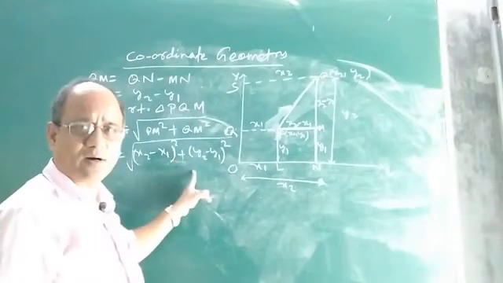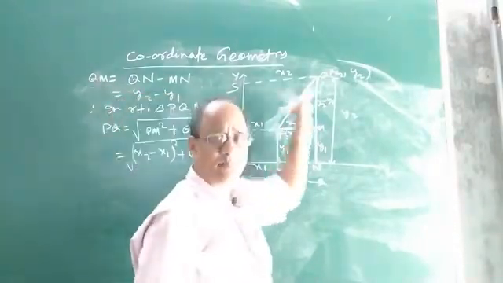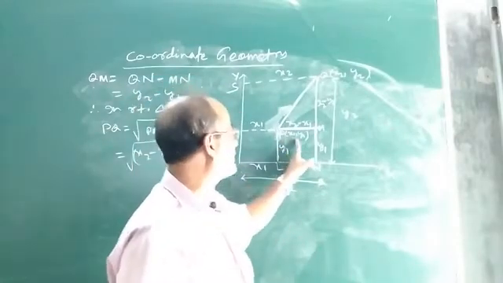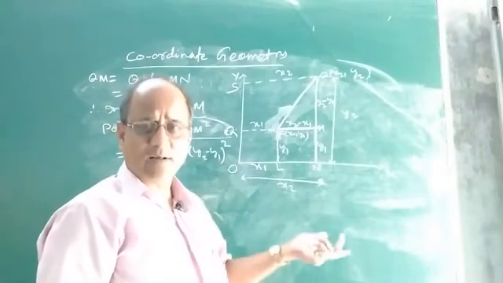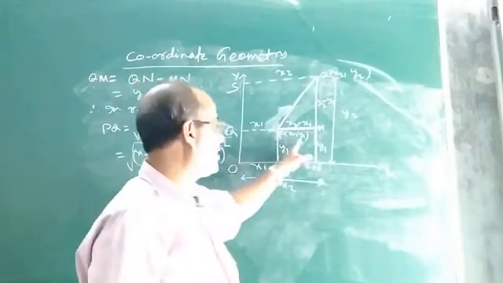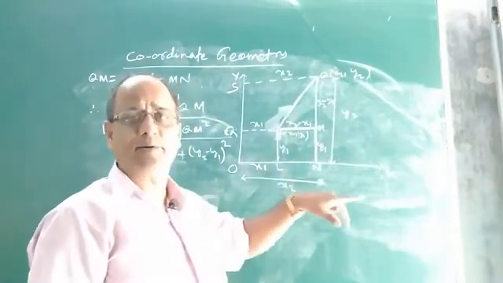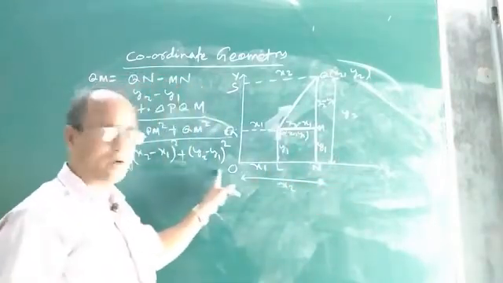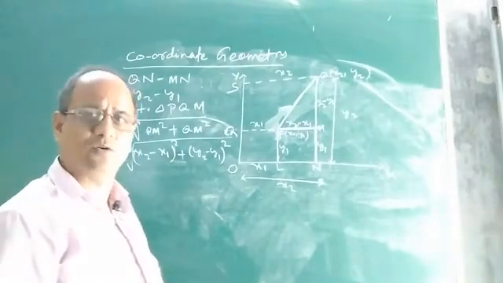It will be the distance between the two points P and Q, whose coordinates are (x1, y1) and (x2, y2). That means if two points having coordinates (x1, y1) and (x2, y2) are given, then the distance between the two points will always be equal to the square root of (x2 minus x1) whole square plus (y2 minus y1) whole square.